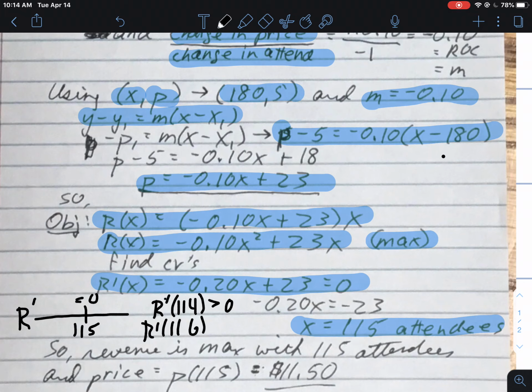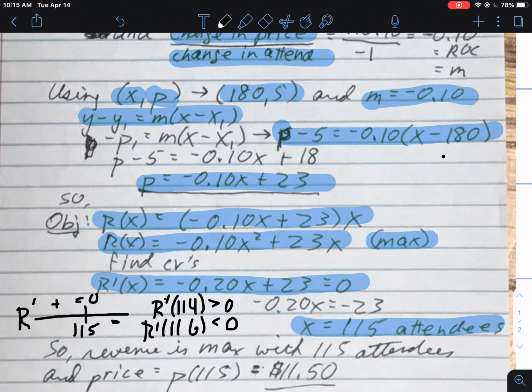If we plug in 116 into R prime, 116 times 0.2 would give us 23.2. Now again, that's negative, so negative 23.2 plus 23 gives me a negative value. But you can double check that. So I do get a positive value if we plug in something to the left, and a negative value if we plug in something to the right of 115.